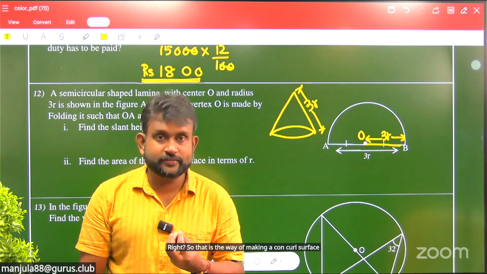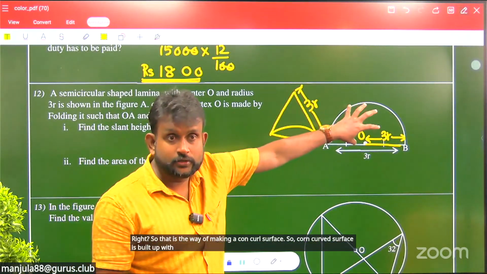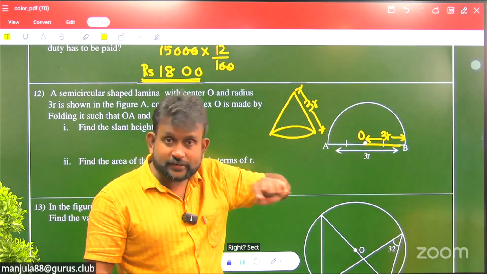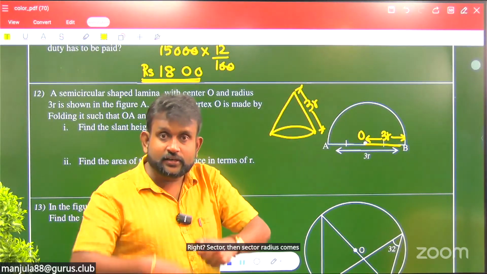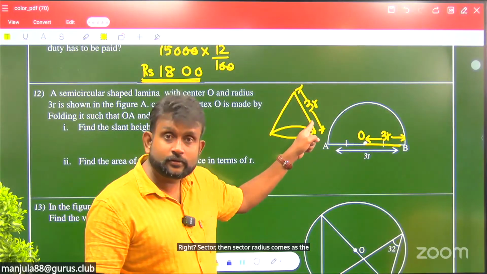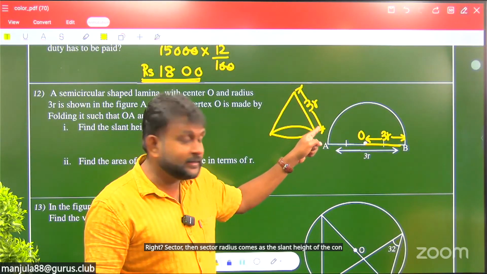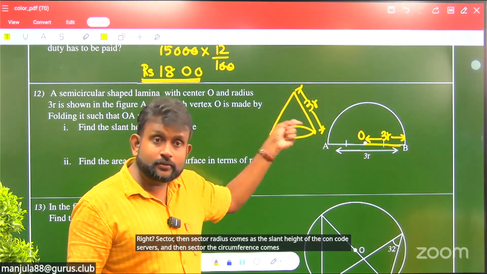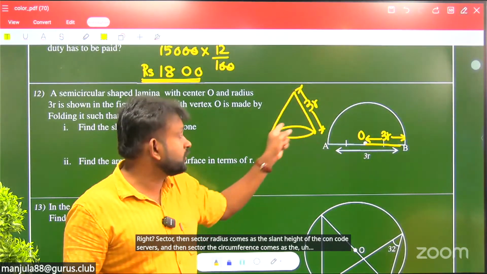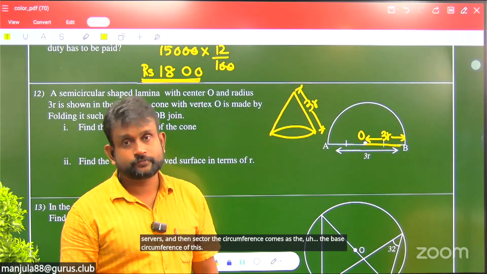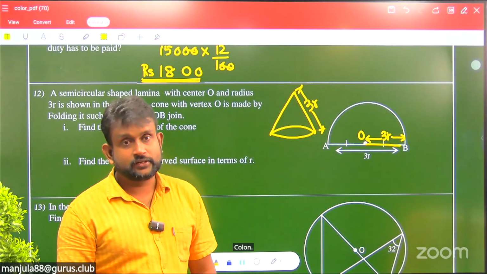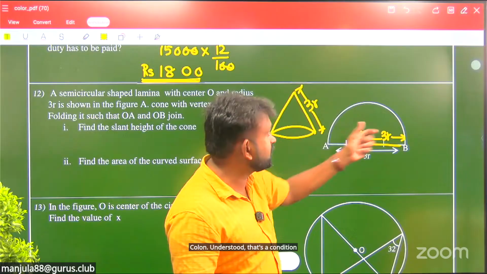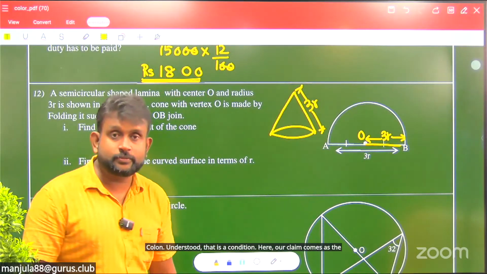The cone curved surface is built up with a sector. The sector radius comes as the slant height of the cone, and the sector arc length comes as the base circumference of the cone. Understood?